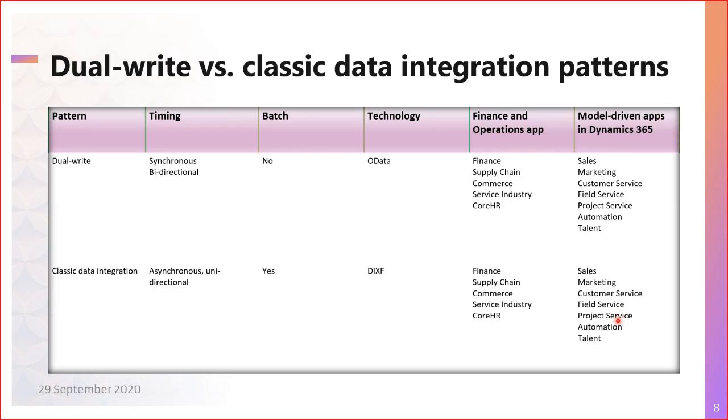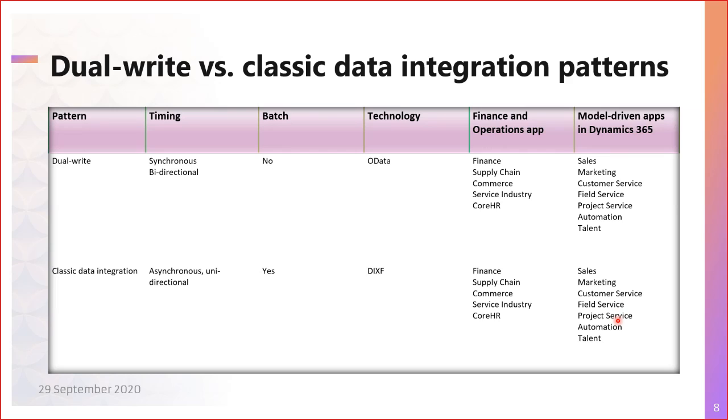If a record fails in creating there, the whole transaction will abort. You will not be able to write data back until all the validations have passed. This is DualWrite. Whereas data integration is schedule based.